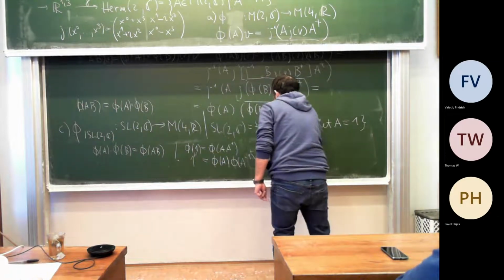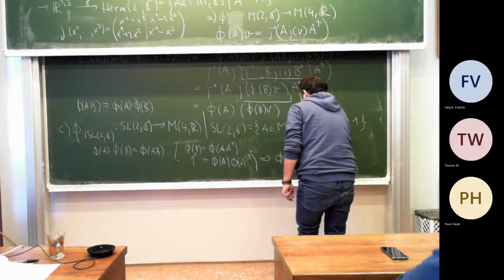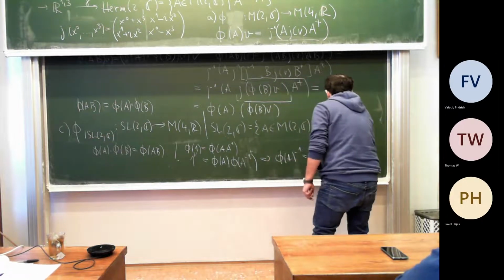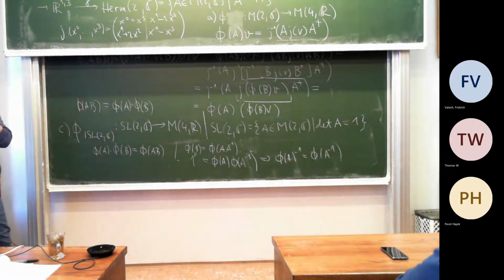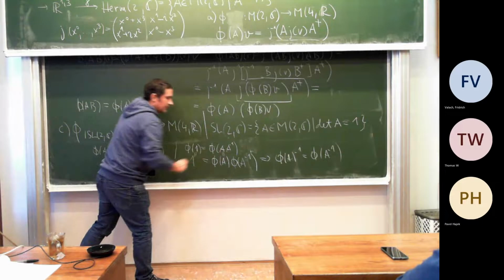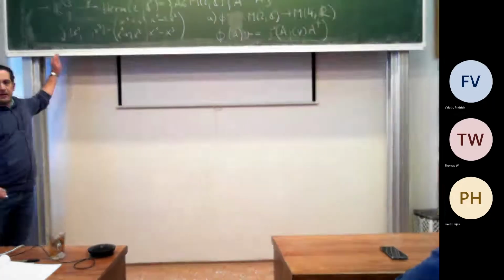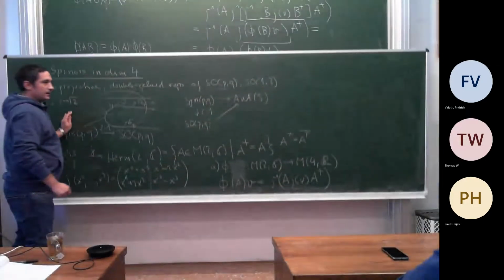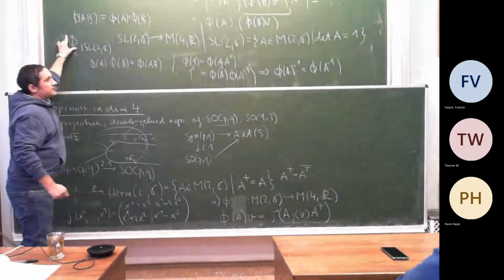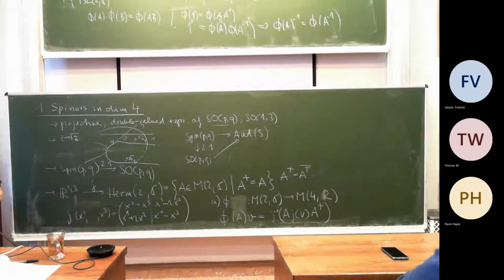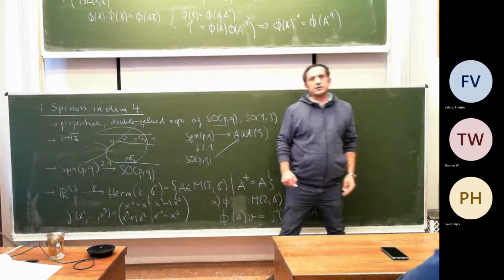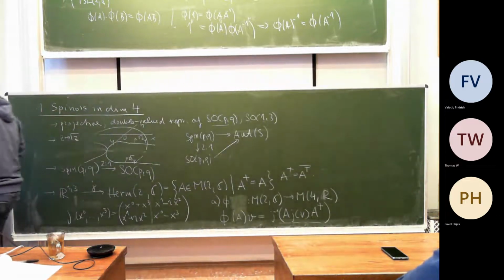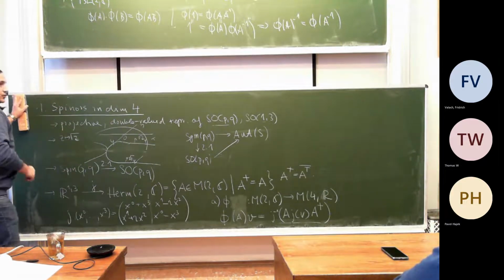And from this it follows that phi of A inverse is phi A inverse. So we see also that the inverses are in the image, since A inverse is in SL2C, that's easier, by what I mentioned.